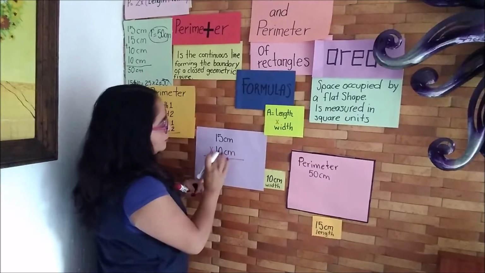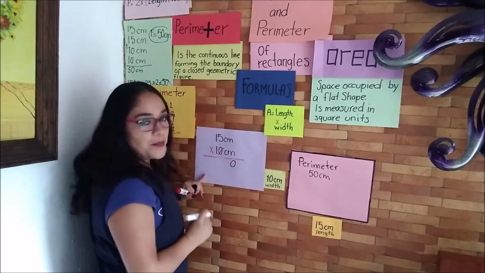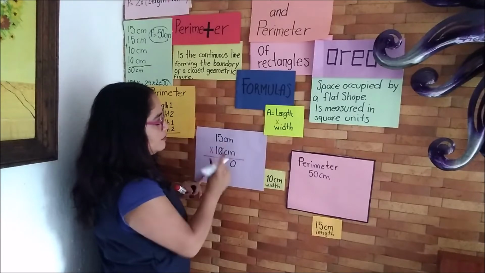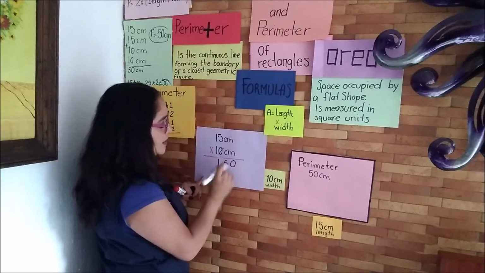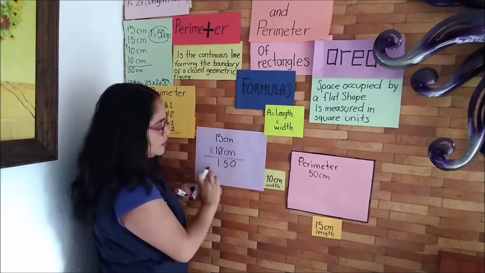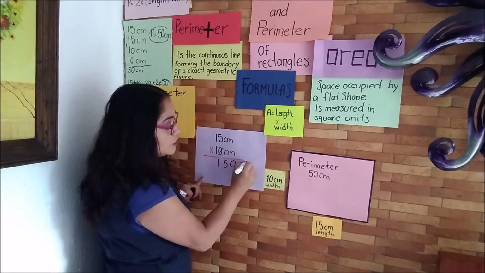So it's going to be the 0 we're going to leave at the end, okay? And we're going to multiply 1 times 5, 1 times 1, and we will have our result. 150 centimeters square.